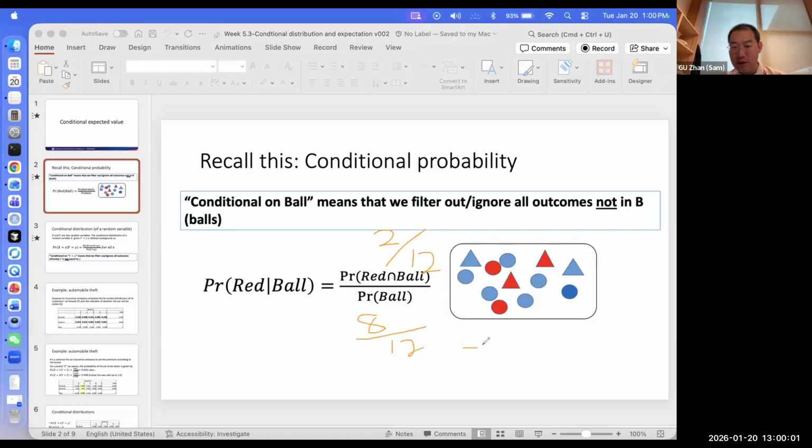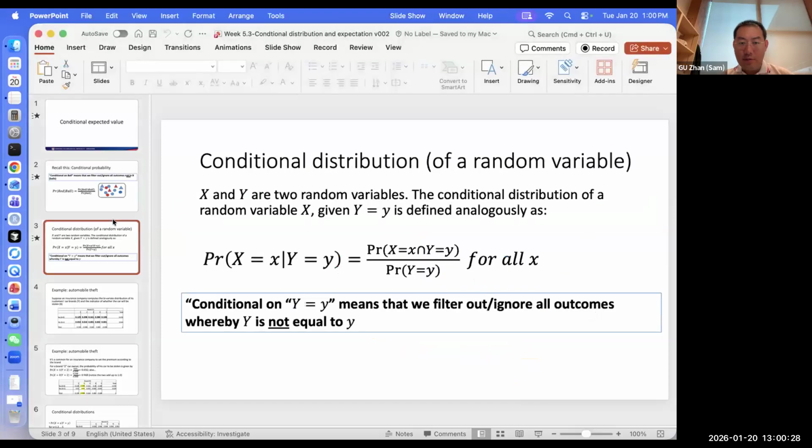So in the end, the conditional probability is 2 over 8. This is the same as what we directly calculate by removing all the triangles and retaining all the balls. 8 balls, and out of these 8 balls, 2 are red. So 2 over 8. So let's move on.